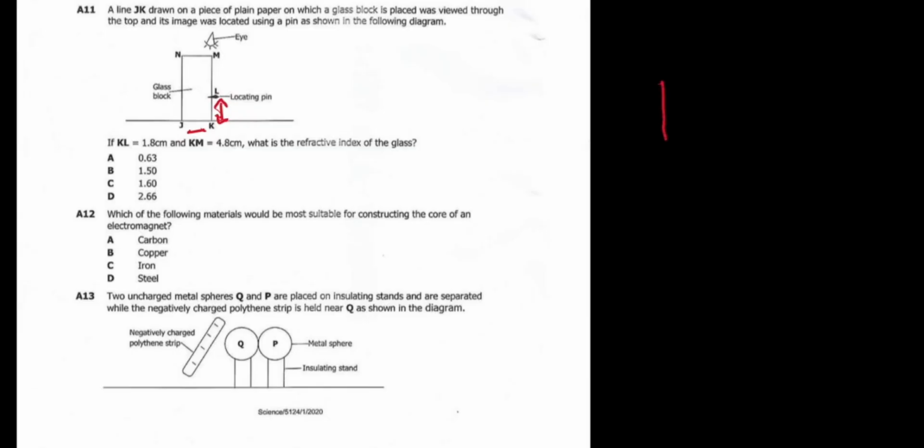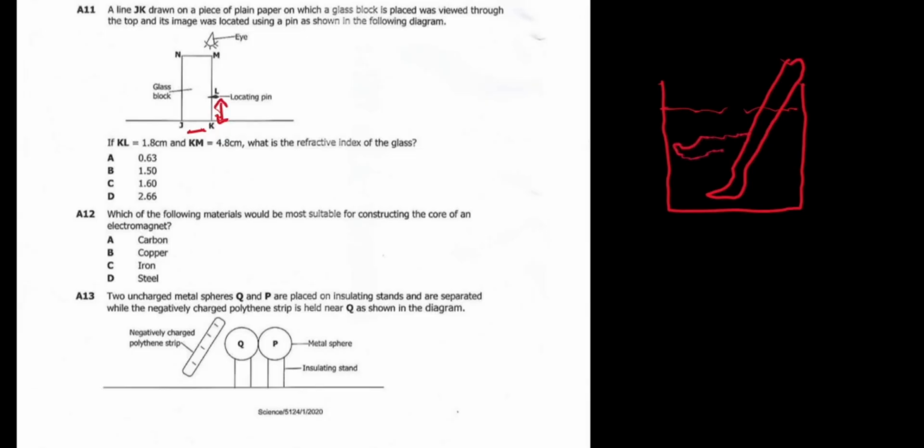Now this usually happens. You can have a cup of water and you put a spoon there. When you try to look into the water, the spoon is going to look as if it is bending. So that is what is happening.